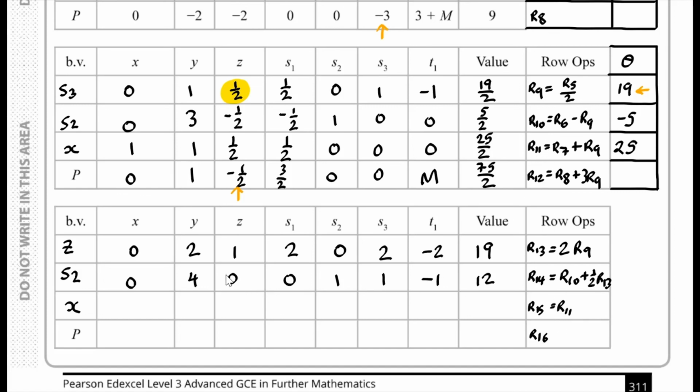Remember, we want a 0 over here, so we have row 11 minus a half of row 13. So working out the x row, we have 1, 0, 0, 0, and 0. And here we have minus 1, 1, and 3.